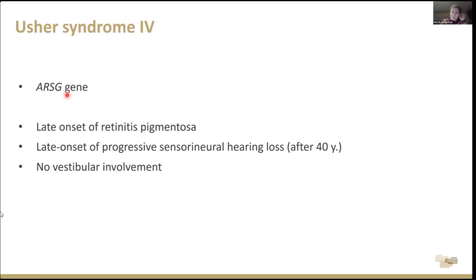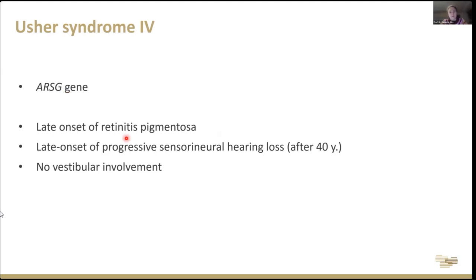The last subtype, Usher syndrome 4, has been described in recent years. This is the newest, the most recent one. It's associated with the ARSG gene, and it's also not an inborn problem, because here we usually have late onset of both difficulties, hearing and vision.